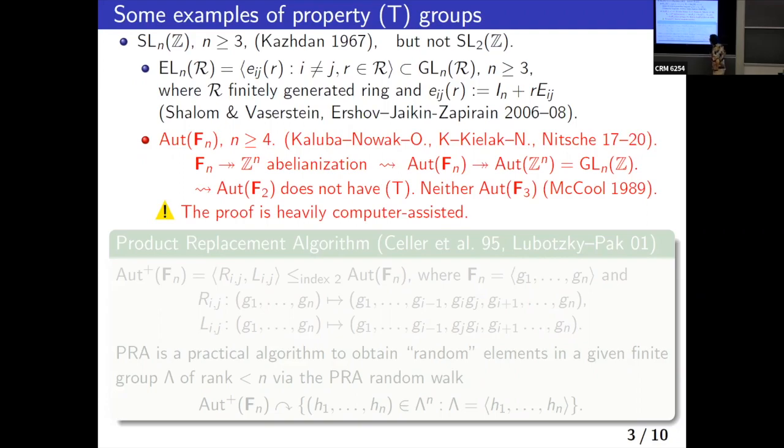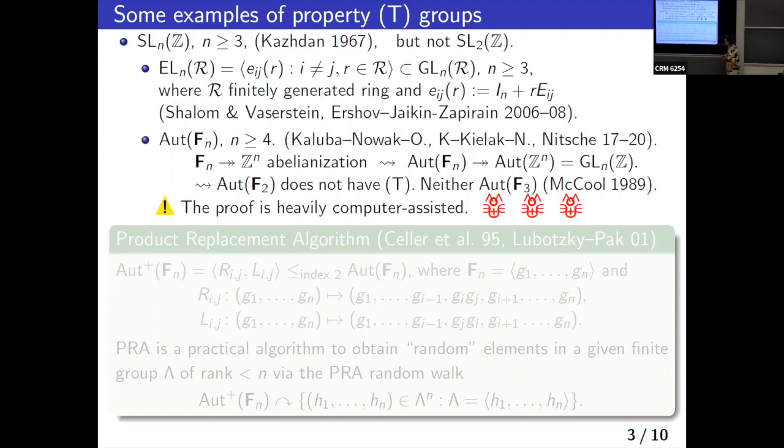Aut F3 doesn't have property T either because it has a finite index subgroup with infinite abelianization, an explicit subgroup. And it was an open problem whether Aut Fn has property T, and it was solved by myself and Polish group. So Polish group appeared here.